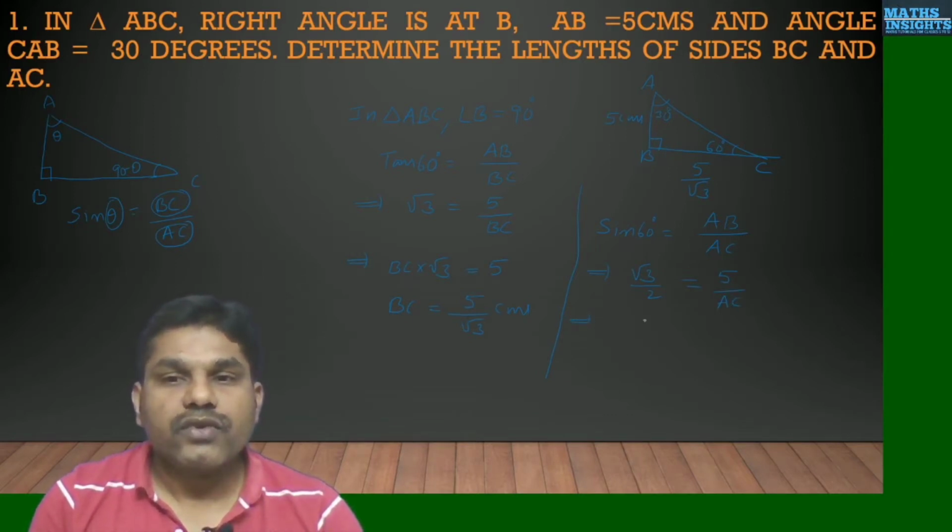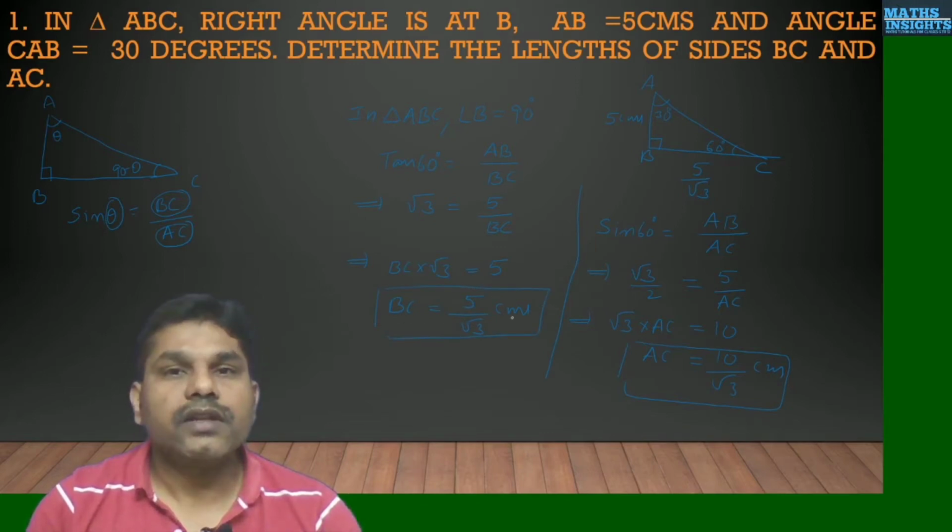Therefore, if you cross multiply, root 3 into AC is equal to 5 twos are 10. Therefore, AC value will become 10 by root 3 centimeters. So, you calculated two lengths by using the given data. Okay. Now, you will go to the second problem.